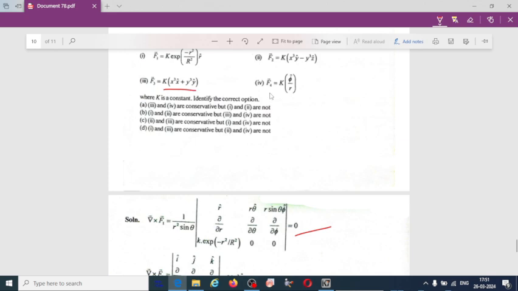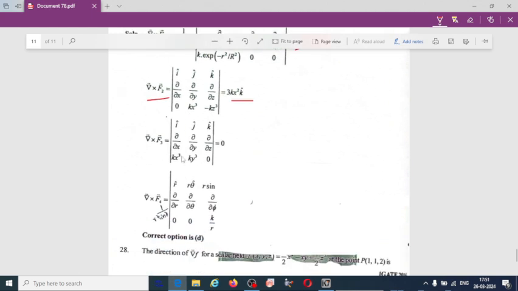F3, first you should note down all these 4 formulas. Take the curl of all 4 equations. So del cross F3 is 0.